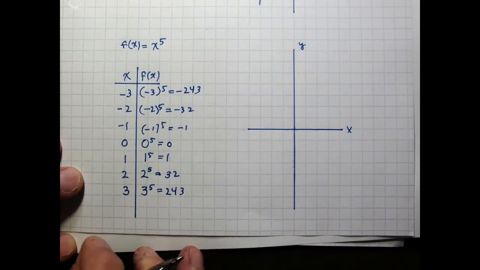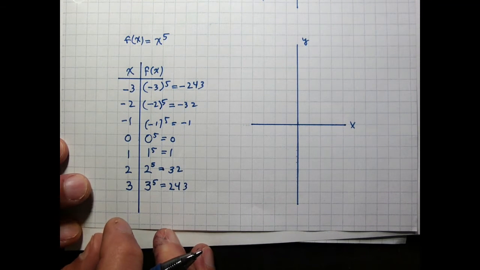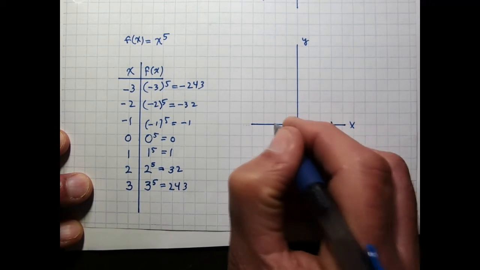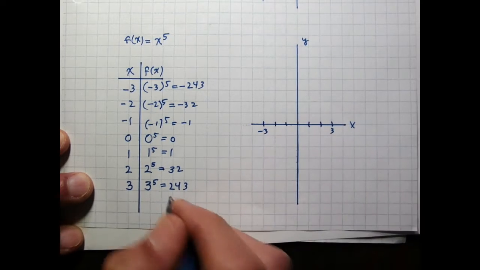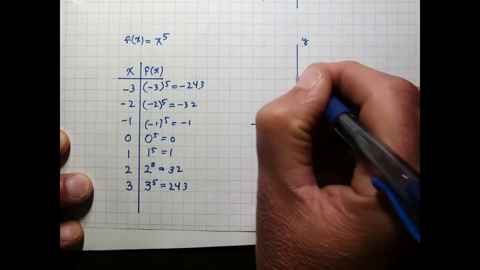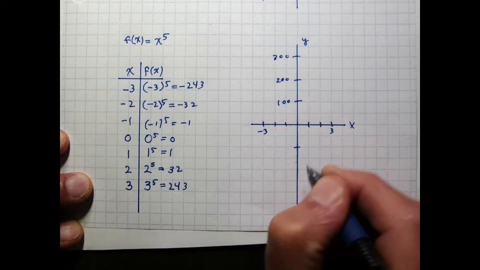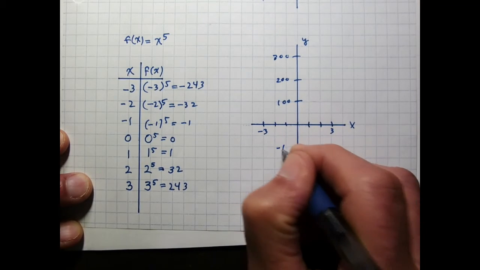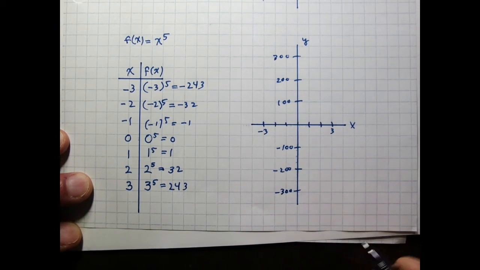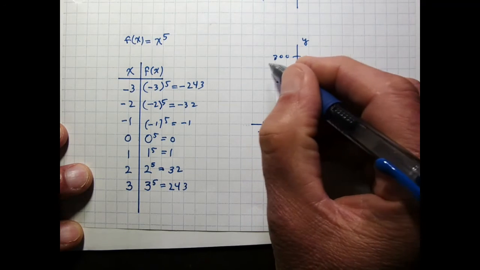And sort of like the even powers, when I get to larger exponents, I have to change the scale on my graph. I can leave the x scale the same, but now to fit these points, I'm going to go 100, 200, 300, and similarly in the negative. And now let's plot -3, -243.